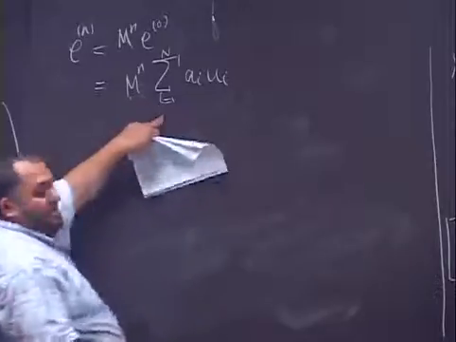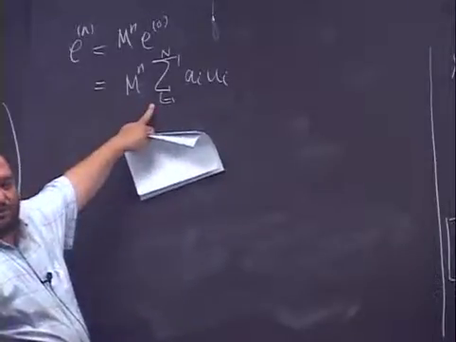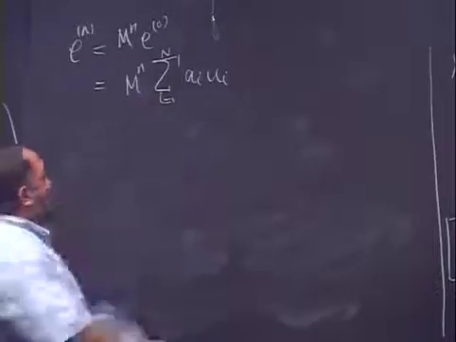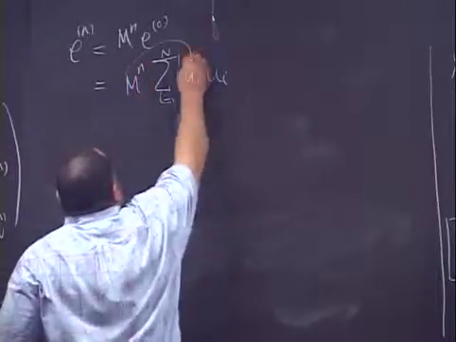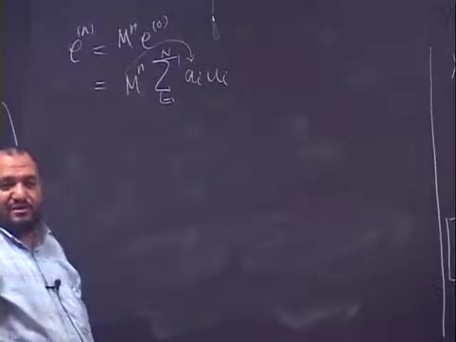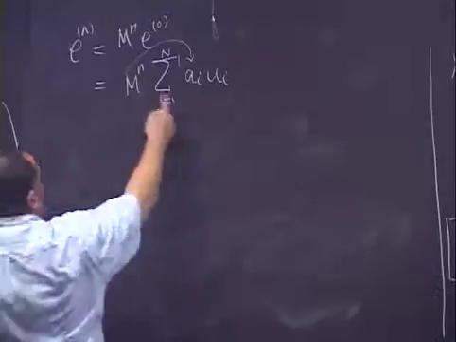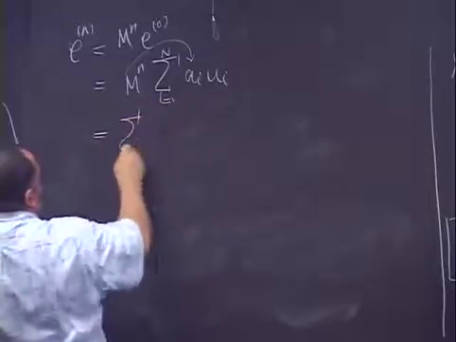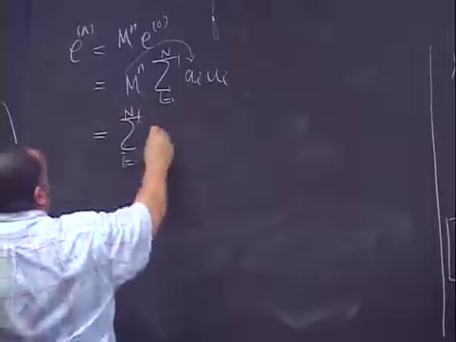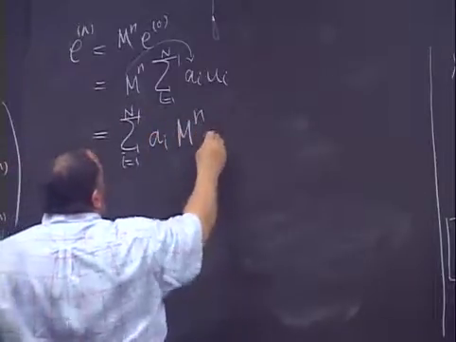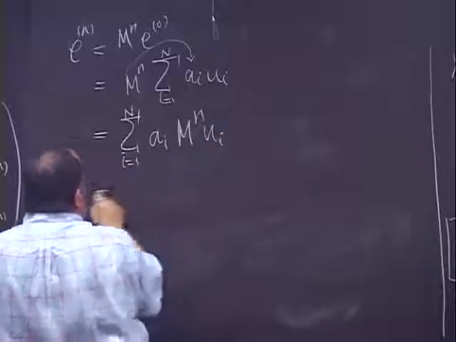But the summation is running over i, so I can get M to the power of n inside, because it's not M of i or anything. So this is like a constant with respect to i. So this will be just the summation from i equal to 1 to N of ai M to the power of n Ui. And what's this?